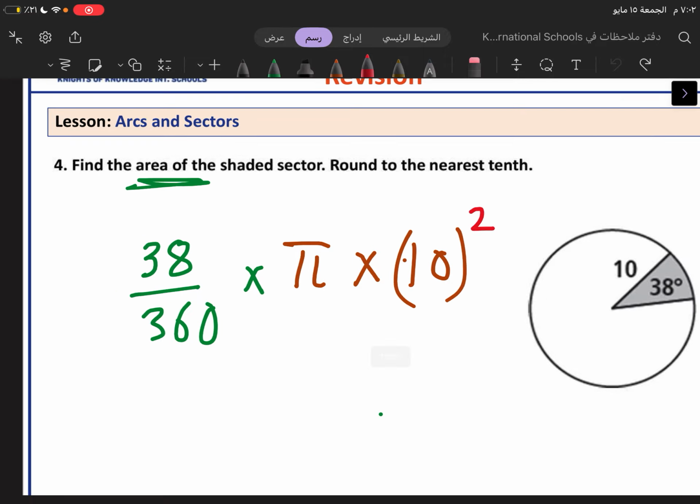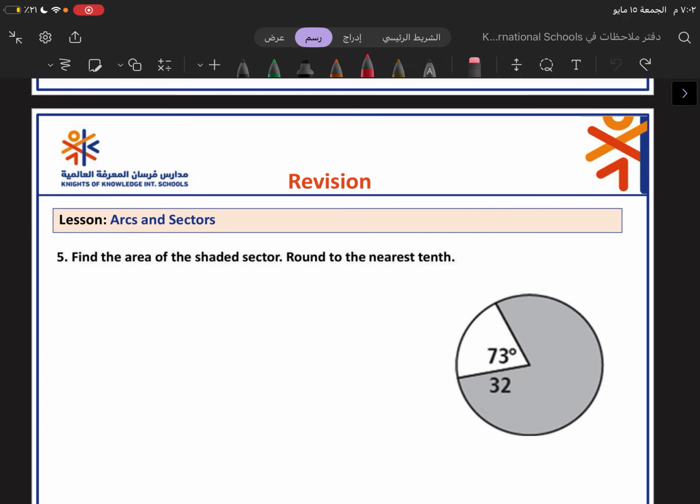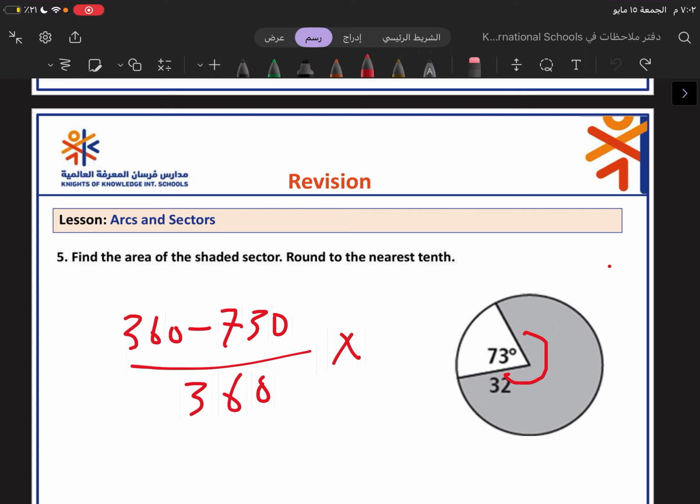What else? Find the area of the shaded sector. This is a tricky question actually. Here you have to do one more step. You have to find the central angle, which is the complement to 360. So 360 minus 73, over 360, multiplied by pi r square, which is 32 square.